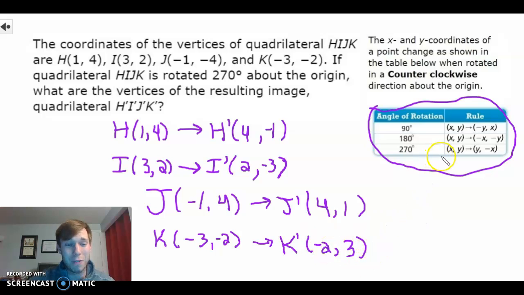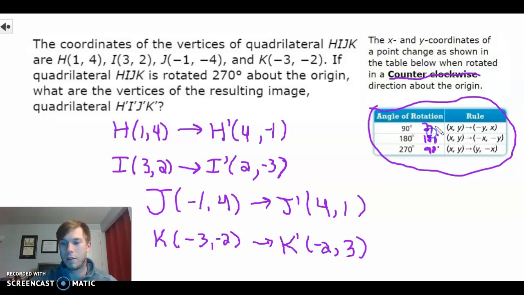Once again, if you haven't written this table down, make sure that you do. Now keep in mind, as I said, this is for counterclockwise. If we want to do just clockwise, it would actually be these, but in reverse order. So if we were going clockwise, this would be 90, this is still 180, 180 pretty much stays the same, and this would be 270.